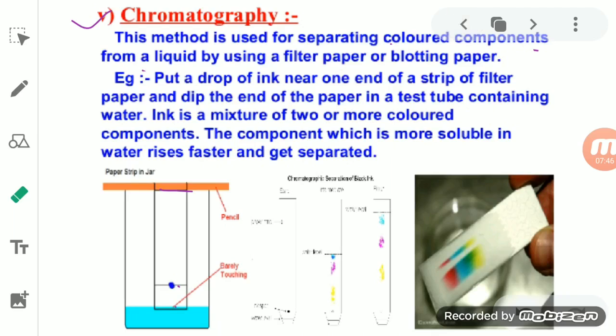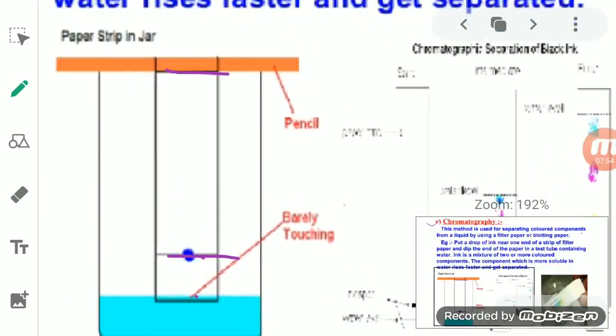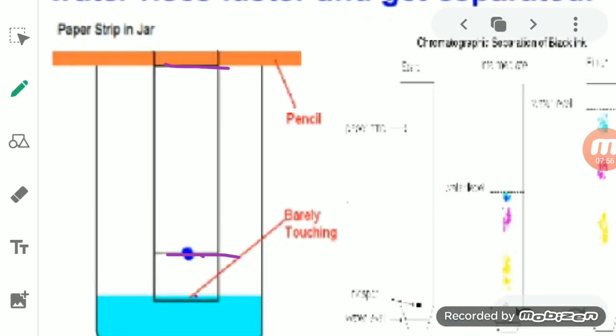This is the pencil line, and when you hold it in the jar, this pencil line should be above the water level.